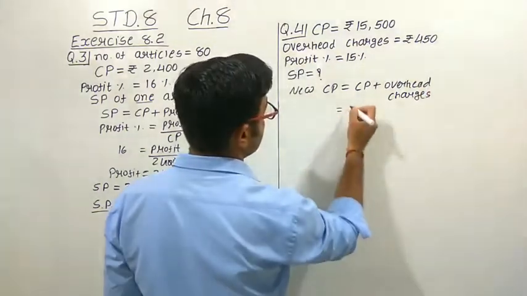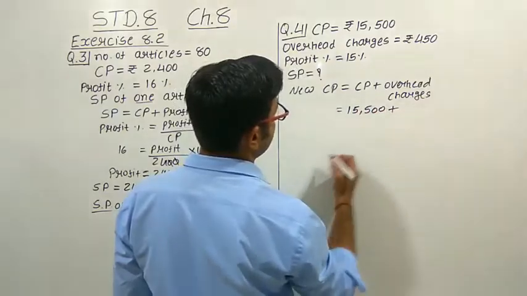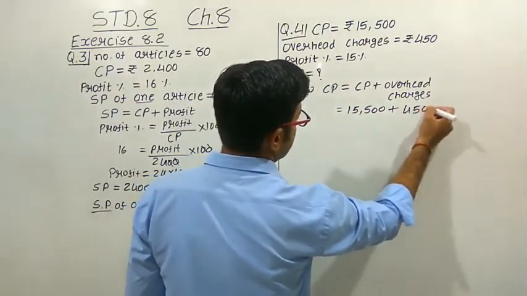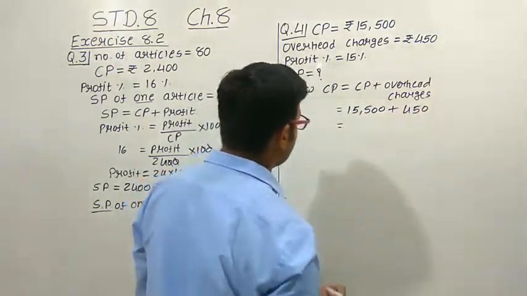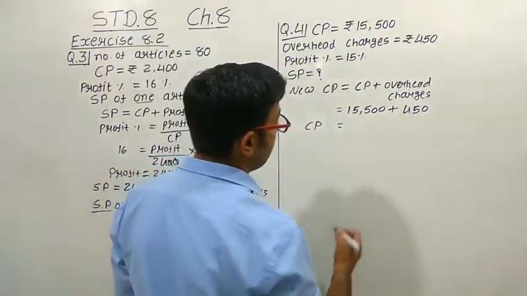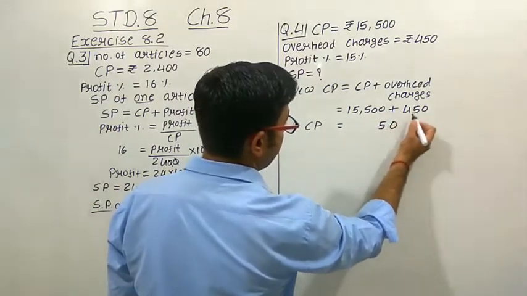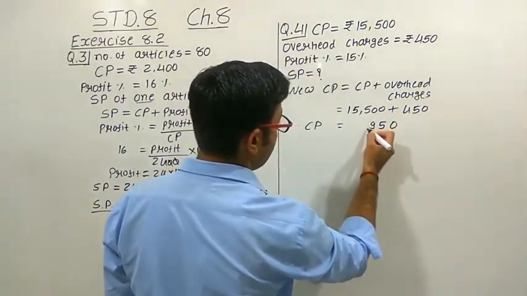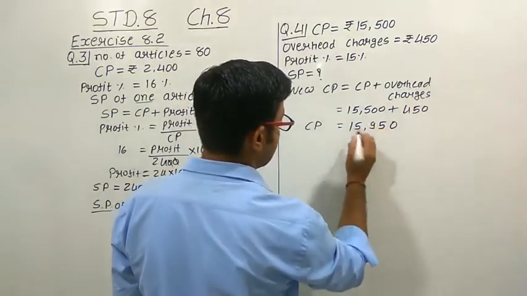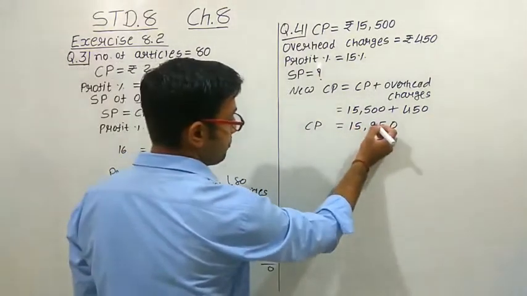The cost price is 15,500 and the overhead charges are 450. So the new CP will be 0, 5, 4 plus 5 is 9, and 5, so 15,950. This will be the new cost price.